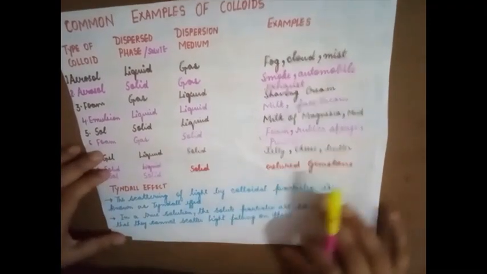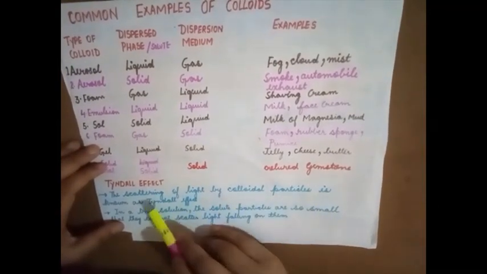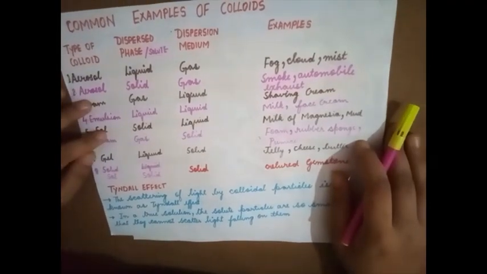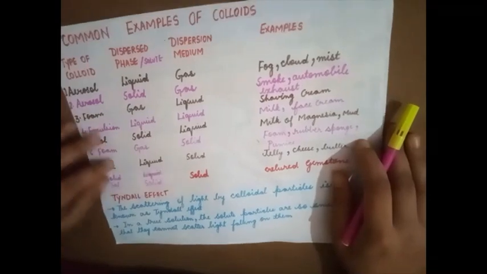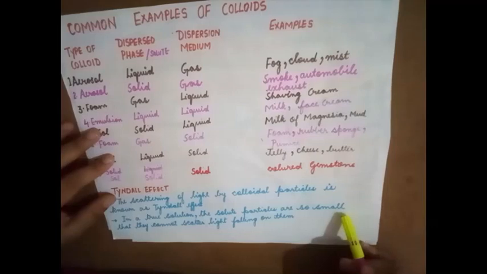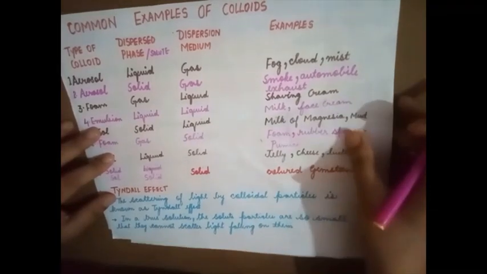Next, moving on to the Tyndall effect. The scattering of light by colloidal particles is known as the Tyndall effect. Now, why is the scattering of light brought about? Because of the particle size of the solute. In a true solution, the solute particles are so small that they cannot scatter light falling on them.